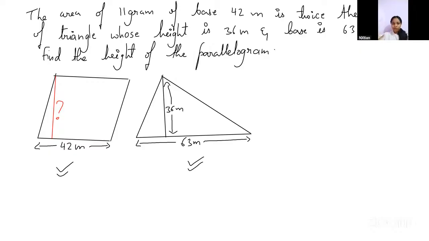We find the area of triangle multiplied by 2, so that will be area of parallelogram. Then we'll divide that area by the base to get the height of the parallelogram.